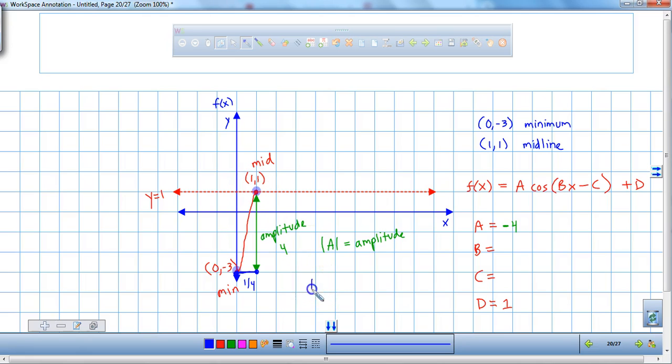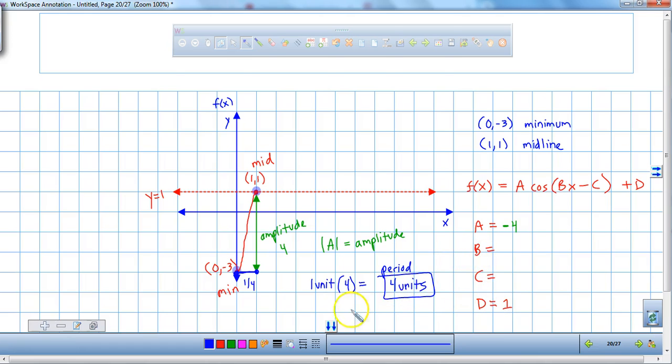So basically we've only gone 1 unit. If we've only gone 1 unit and we've only got a quarter of the way there, we need to multiply that by 4 to get to the entire period. So the entire period will equal 4 units. All right, so that's the length of our period.